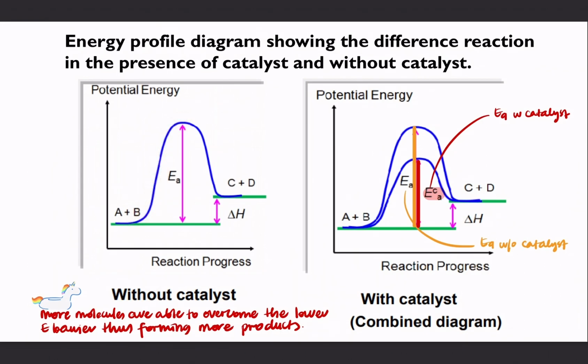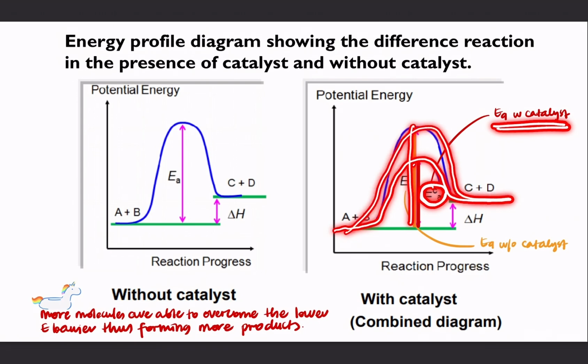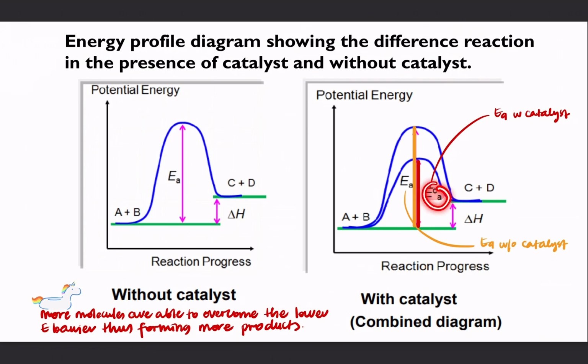But if you have catalyst, it is this one. This one is already combined, the graph. So if you see here, ECA is the activation energy with catalyst, and EA here is without catalyst. So when you have catalyst, you can see that the energy barrier is much lower than without catalyst.